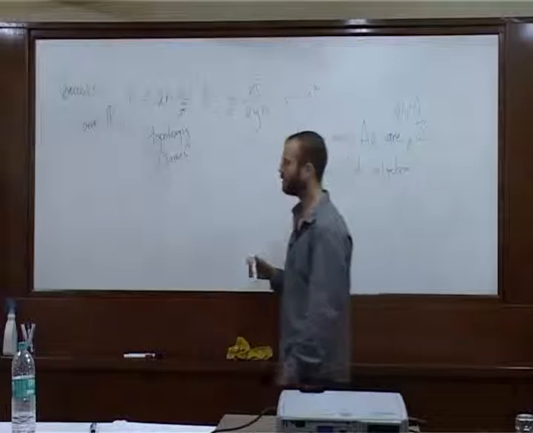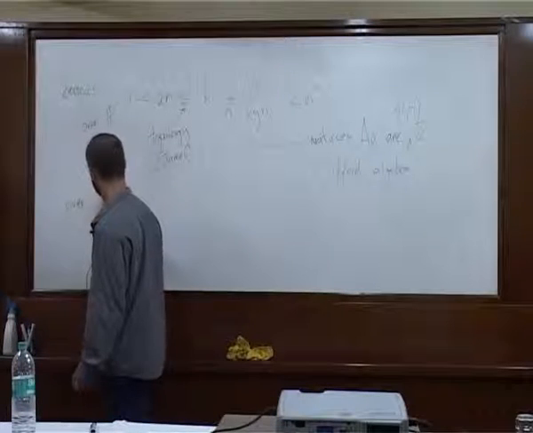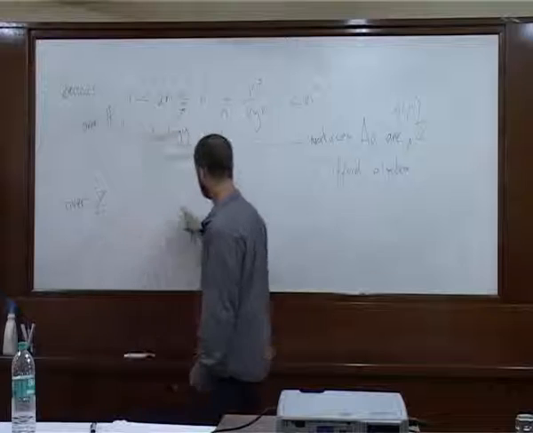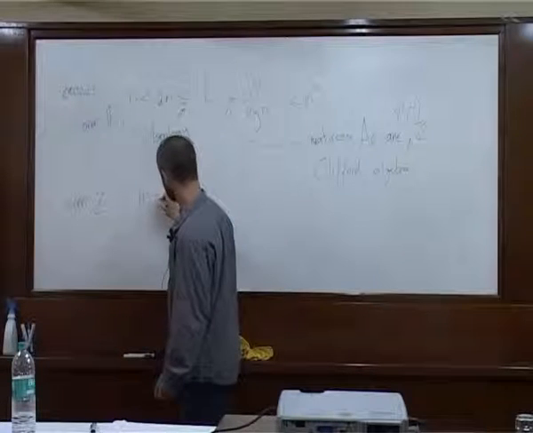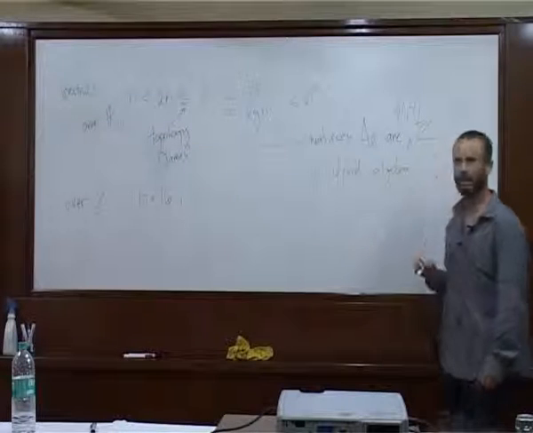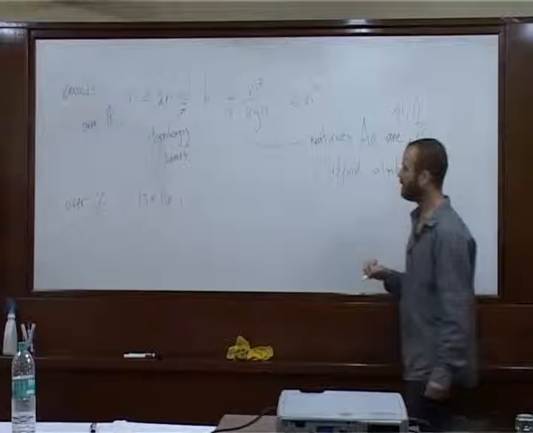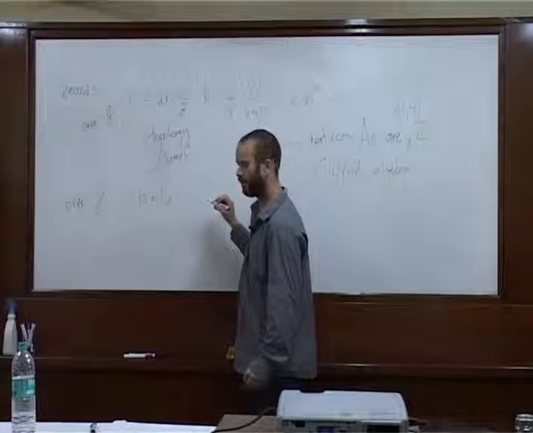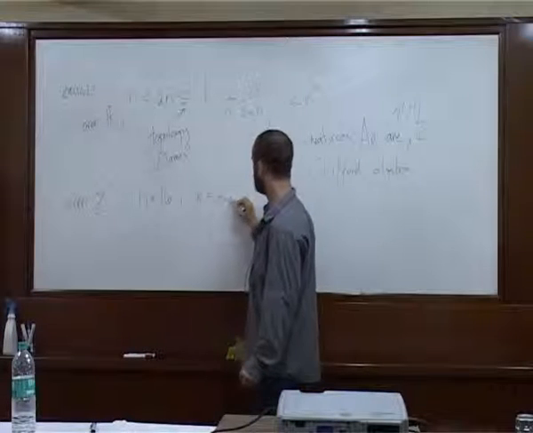So over Z, you can first show that for n equals 16, you cannot have 16. This we know by Hurwitz theorem. But you can actually show that k is equal to 32.